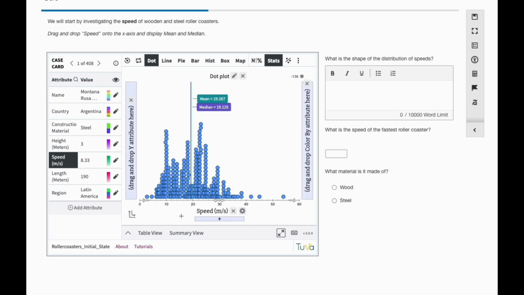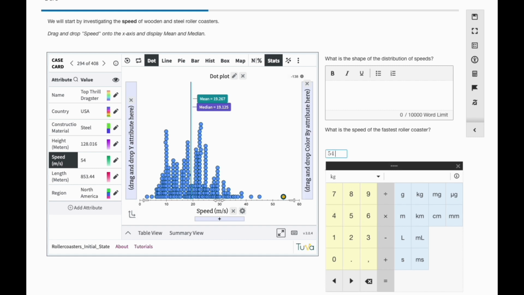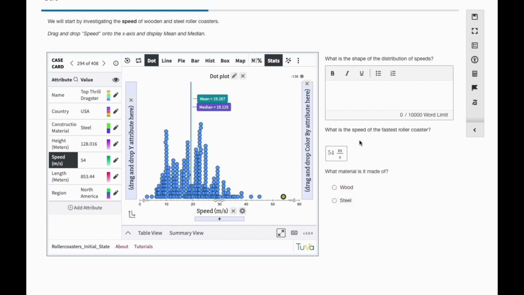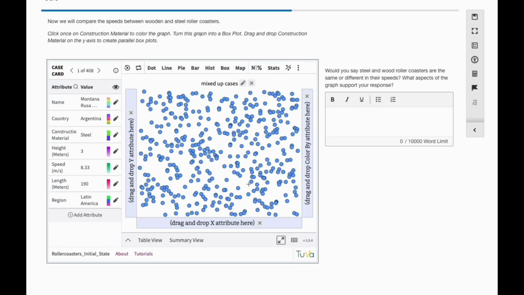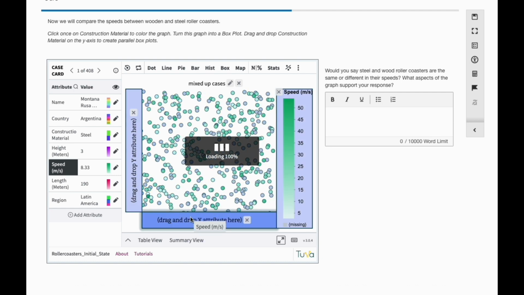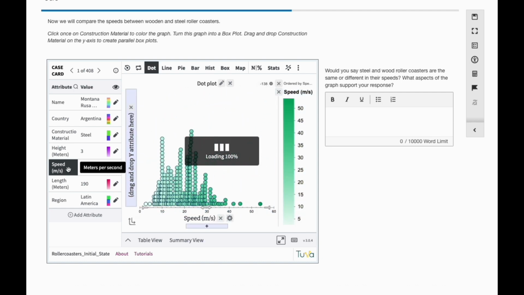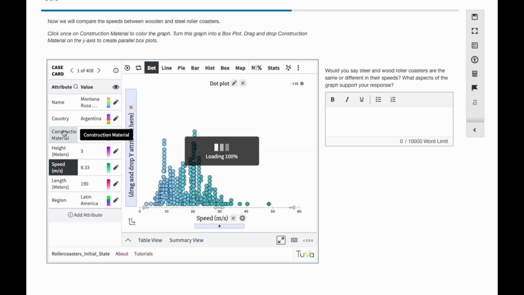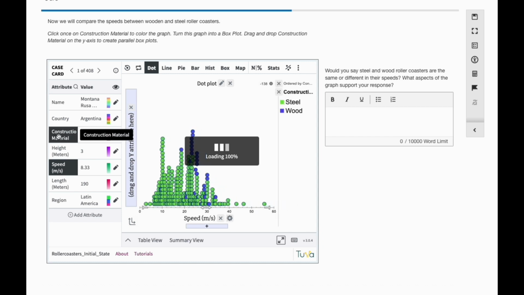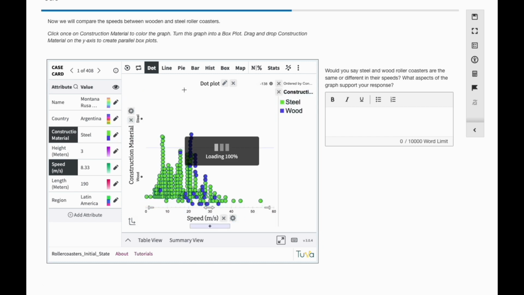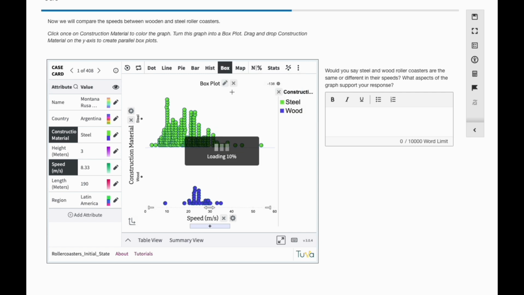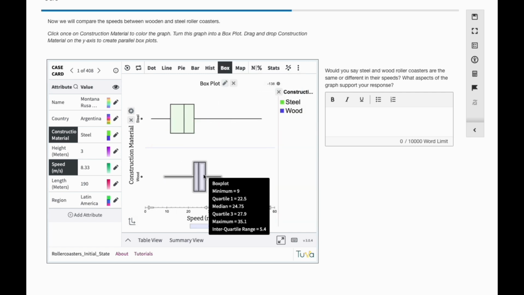Enable learners to explore, manipulate, visualize, and analyze real-world data that then enriches their experience. Here we are seeing a dataset containing information on over 400 of the world's roller coasters. By incorporating the Tuva tool alongside Learnosity questions, this allows learners to reflect on real-world aspects to try to explain patterns that they see in the data, and also practice describing and interpreting variability using range, distribution shape, center, and interquartile range.